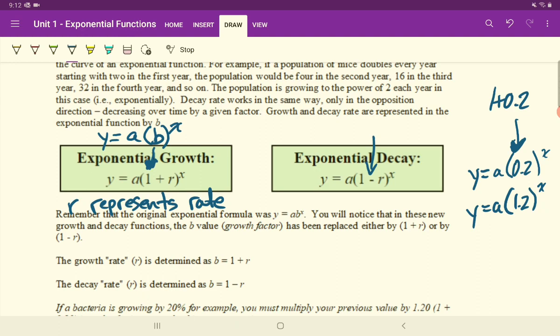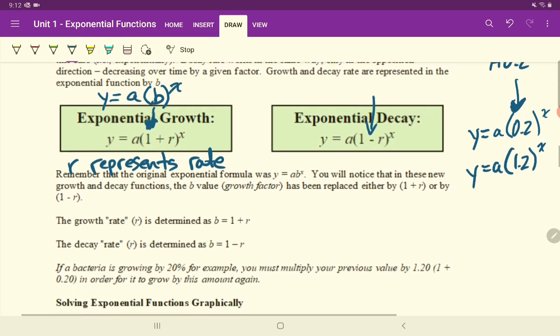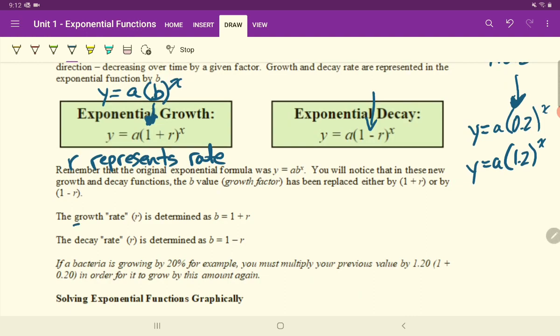And so what you do is you have your base value as 1.2, all right? And so that's what I go on to explain here, that the growth rate is determined as b equals 1 plus the rate. Decay rate, on the other hand, is b equals 1 minus the rate.